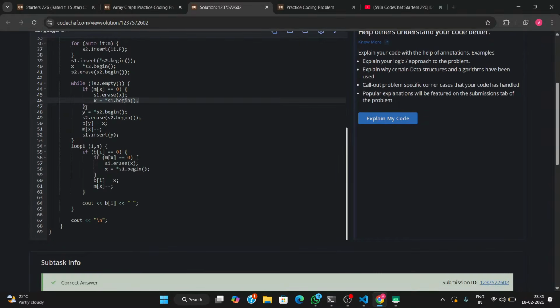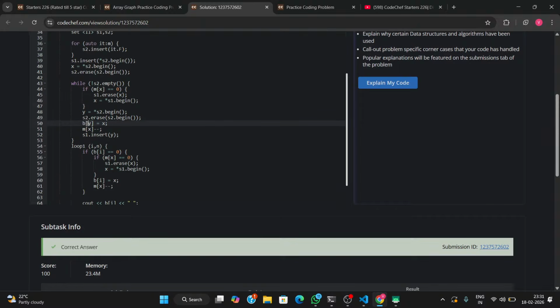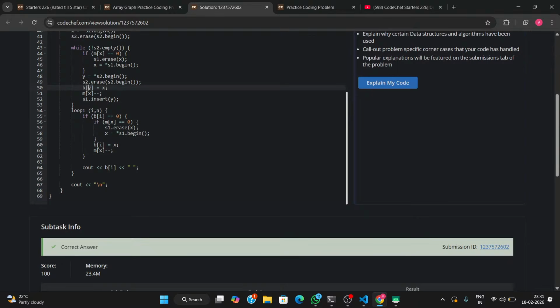There will always be one element remaining in S1. We have proved it earlier. And we will simply connect X to Y. So B of Y will be X. We are connecting X to Y, right? X was one of the AIs. So after rearranging, we will put B of Y equal to it, where Y is an element that has edges.